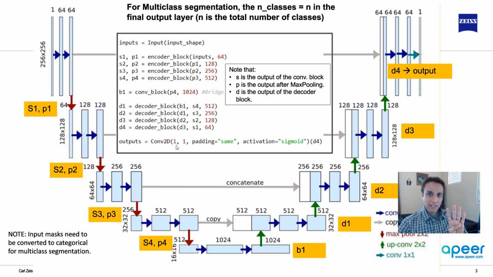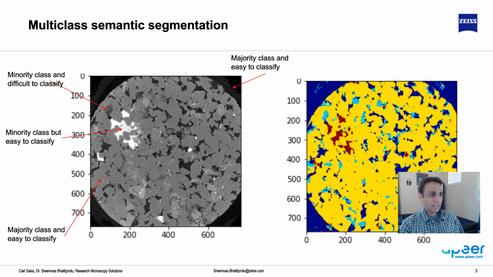So it's a 4-channel image, and in each channel it has a probability value for that pixel to belong to that class. For example, at each pixel I have 4 values.